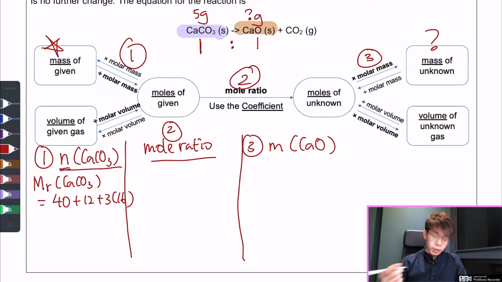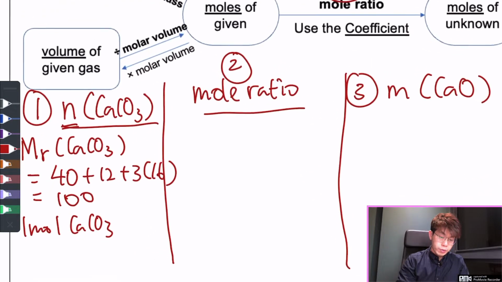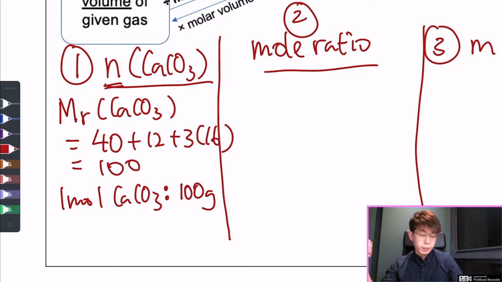Because I've done this many times, this is actually 100. What does 100 mean? 100 means that 1 mole of calcium carbonate, let me zoom in for you, is equivalent to 100 grams of calcium carbonate.